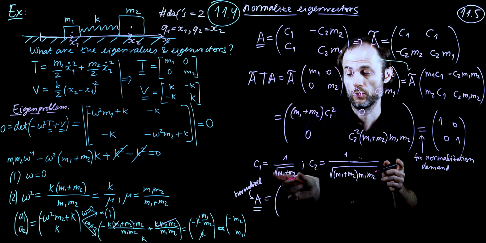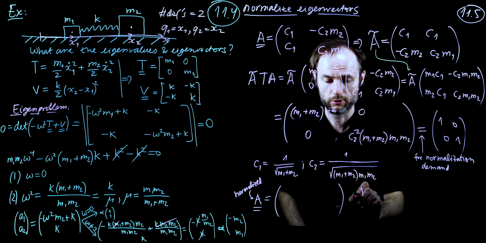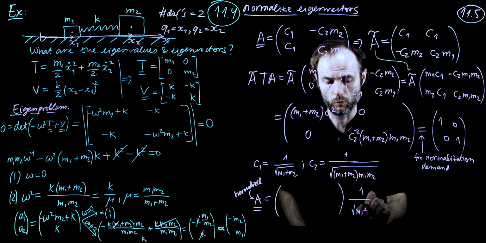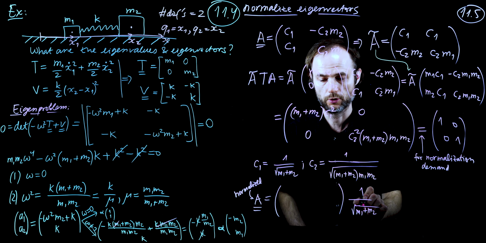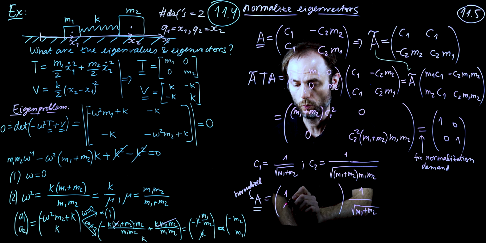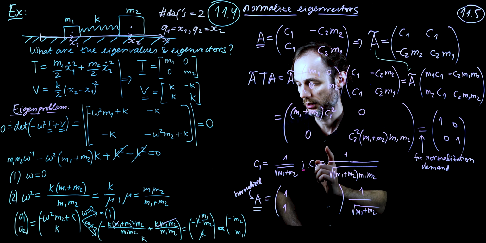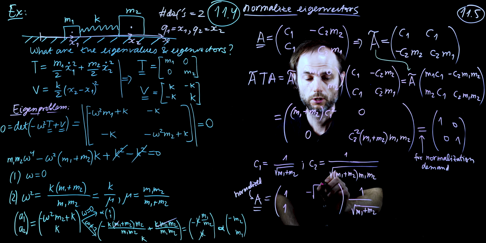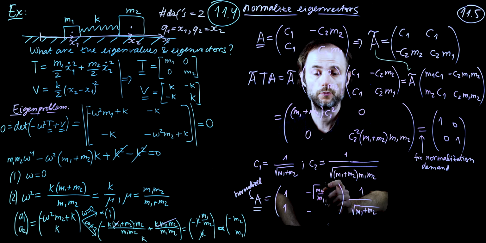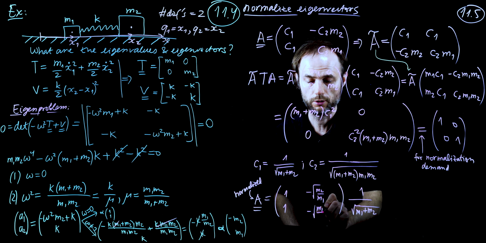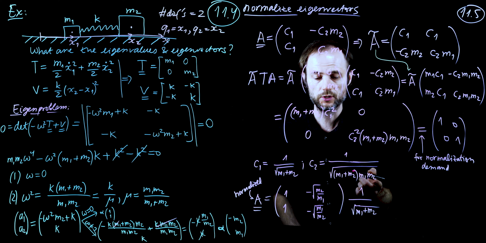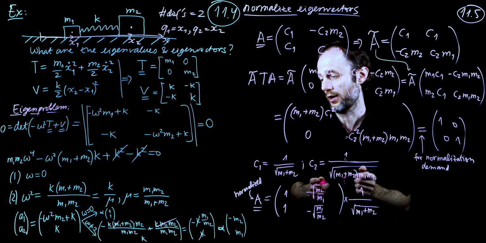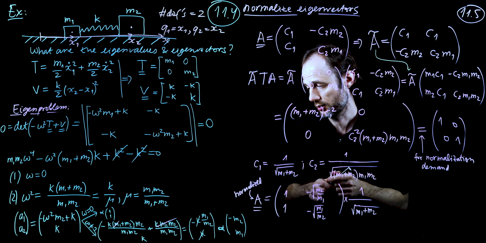So we can take out as a factor 1 over the square root of M1 plus M2. Then these two will be 1, 1, right? And over here we will have 1 over the square root of M1 M2. The square root of M2 goes away, so it will be minus the square root of M2 over M1. And here at the bottom it will be the inverse. So this is our matrix of eigenvectors which are normalized.